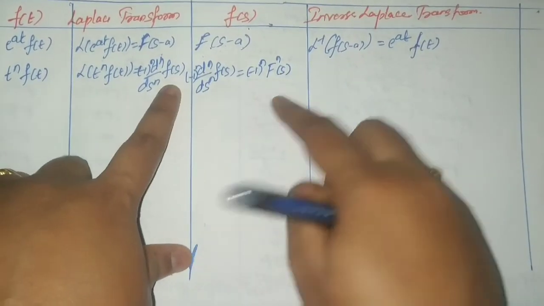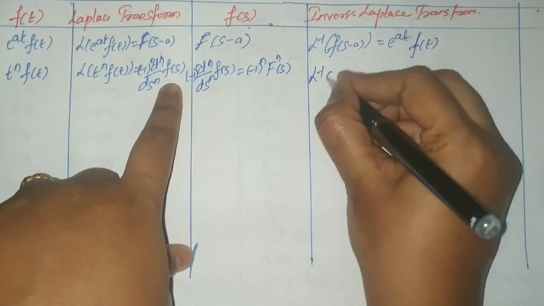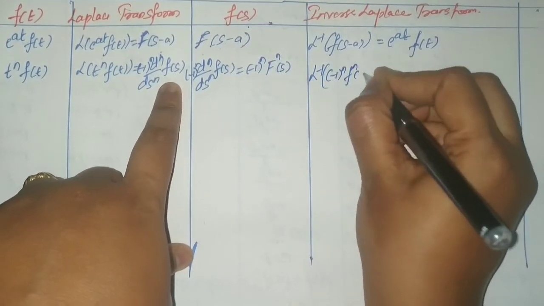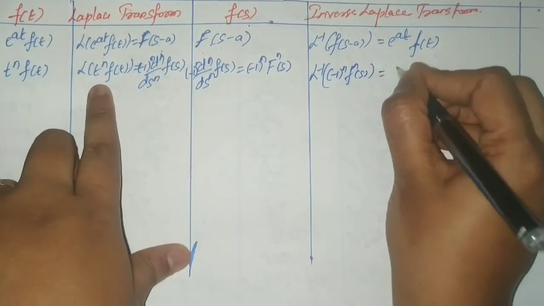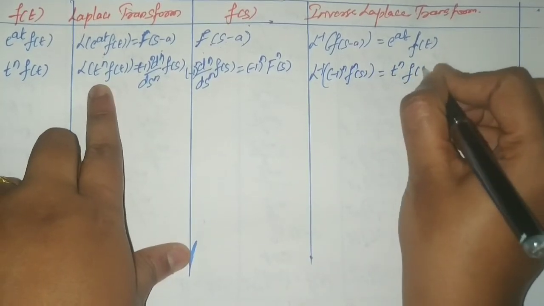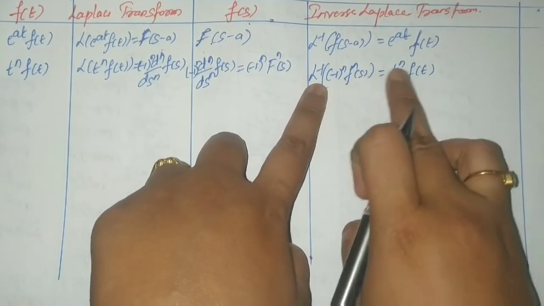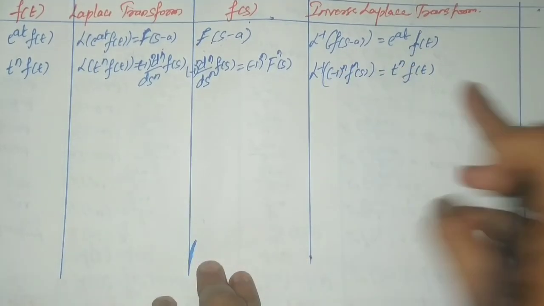So take the inverse, that means you are shifting this L to the other side. So L inverse of minus 1 power n F power n of s will be equal to t to the power n into f of t. This negative sign you can take on either side, depending on your n value.